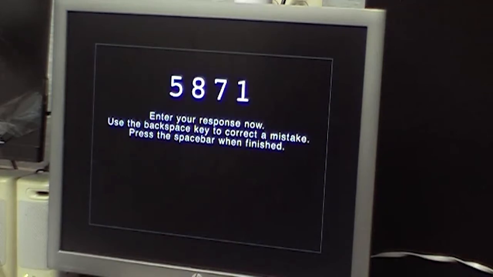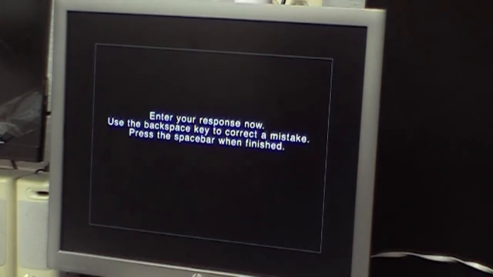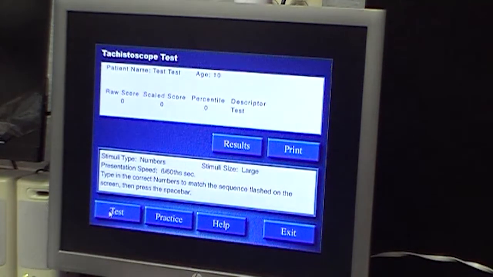Here too, this test is normed, meaning it compares an individual of the same age relative to thousands of other people who are the same age. It'll give us a percentage, meaning is this person in the 10th percentile, the 90th percentile, the 50th percentile?